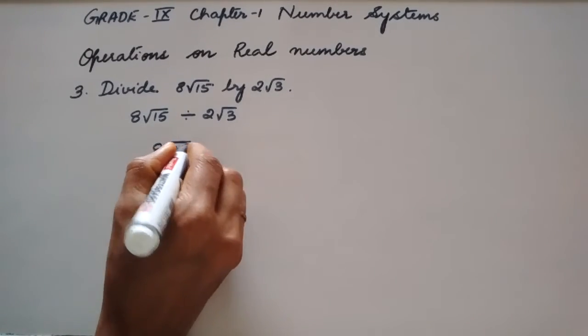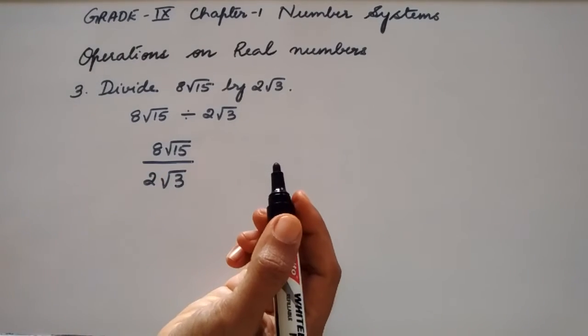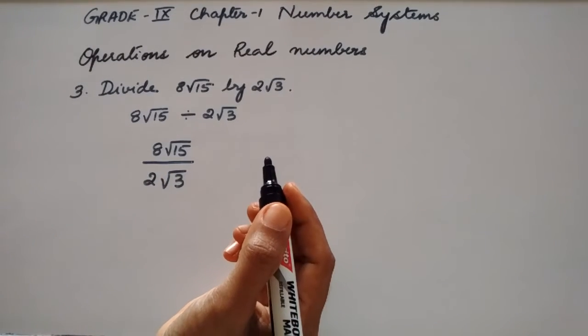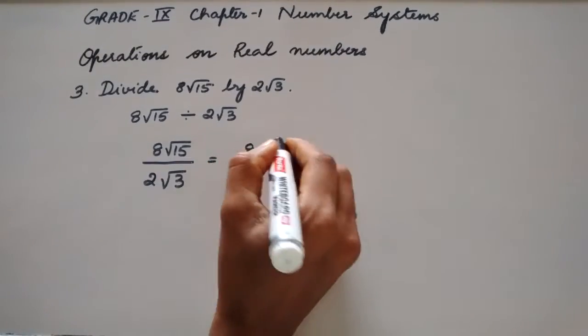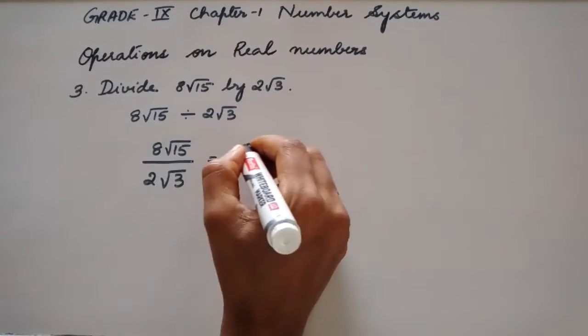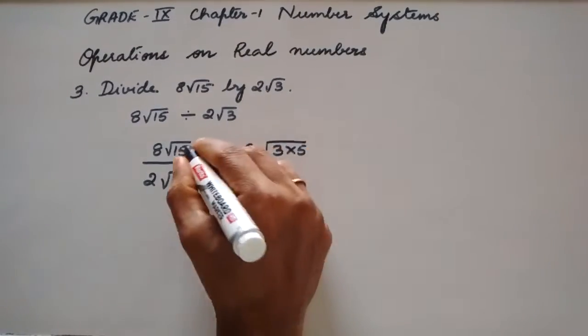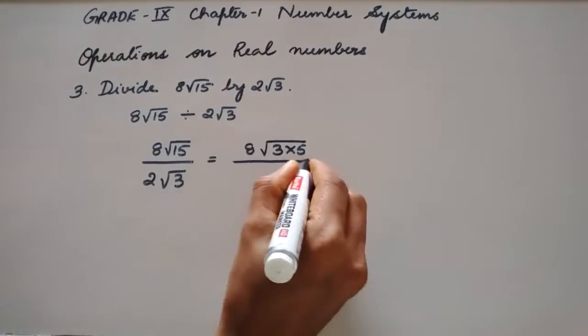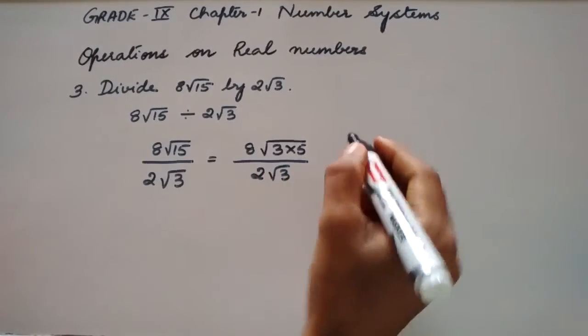Here √15 can be split into √3 into √5, as 3 fives are 15.